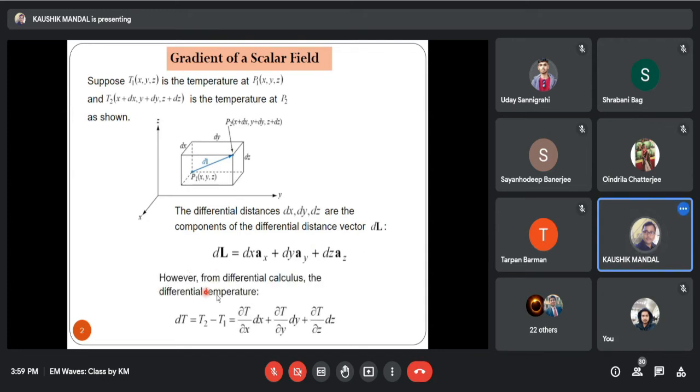Now from the basic knowledge of differential calculus, how can we write the differential temperature dT? dT means simply the difference between the two temperatures, T2 minus T1. We can write this as del T del x into dx, plus del T del y into dy, plus del T del z into dz, from basic differential calculus.